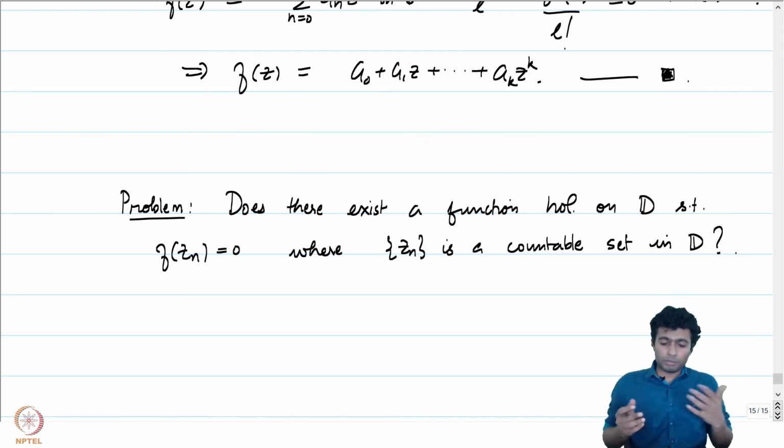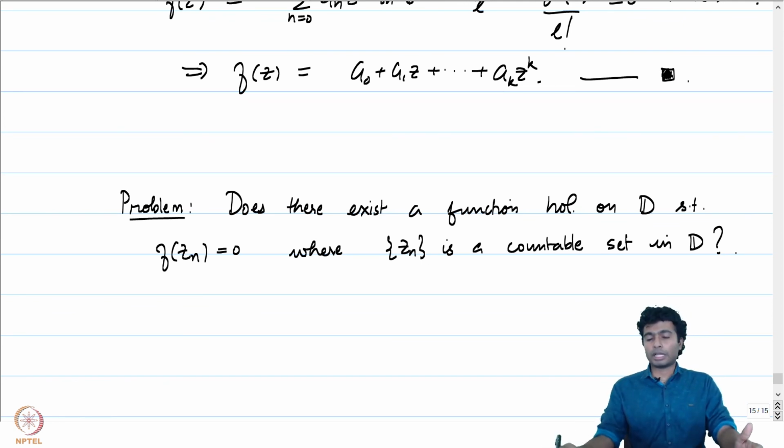Let's think about why such a problem came up. If you are having a countable subset of D, the question that can be asked is, does it necessarily have a limit point? Because if it does have a limit point, then the identity theorem directly tells us that f is going to be identically equal to 0.